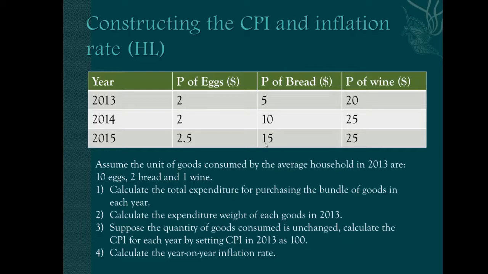That is the reason why when we are calculating CPI, every year we use the same items in the basket, and also the same combination of weights for the items.